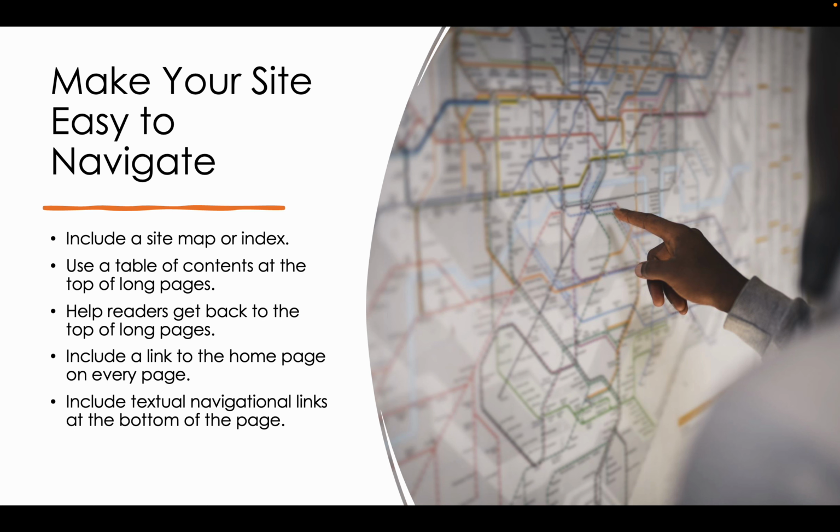Help your readers get back to the top of long pages. Every single page should also include a link to the home page. And then the last thing I have up here is to include textual navigational links at the bottom of the page. So once your reader reaches the bottom of your text, where should they go now? What should they do? How are they going to navigate the rest of your online document?